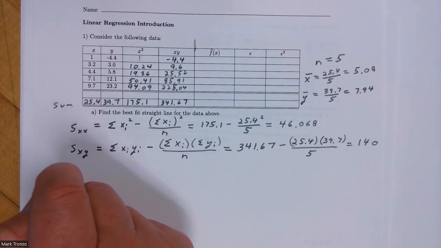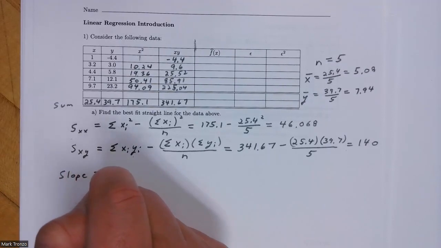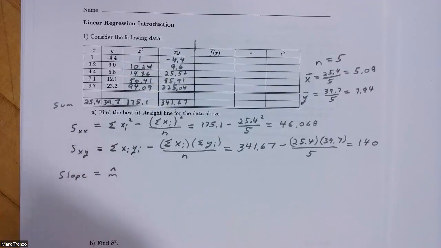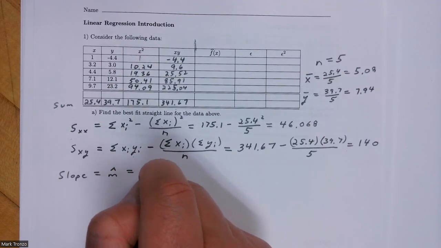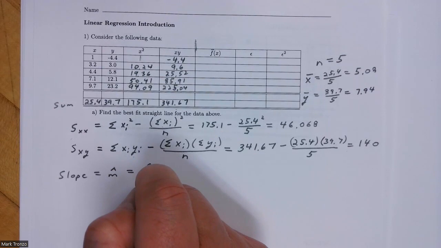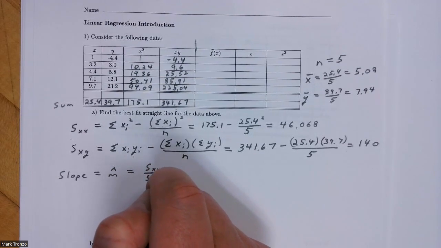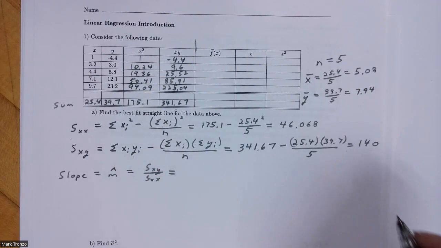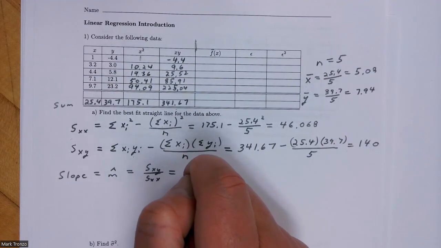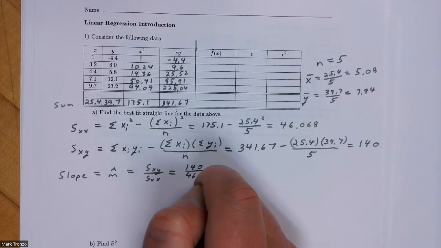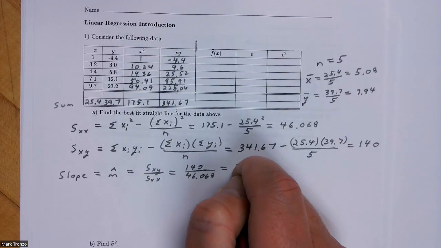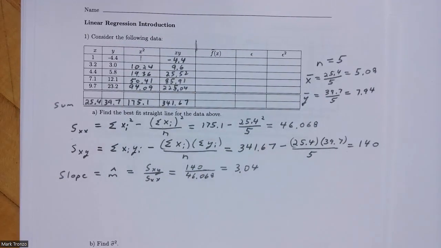So the slope, which also according to your equation sheet is m hat, is going to be Sxy over Sxx, and that's going to be 140 divided by 46.068. And that's about 3.04.